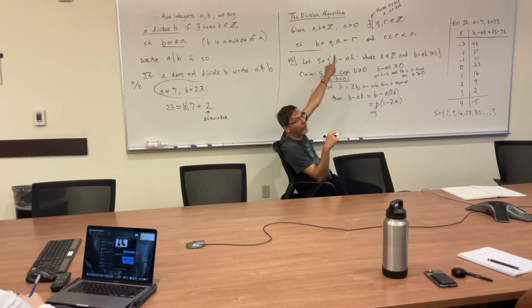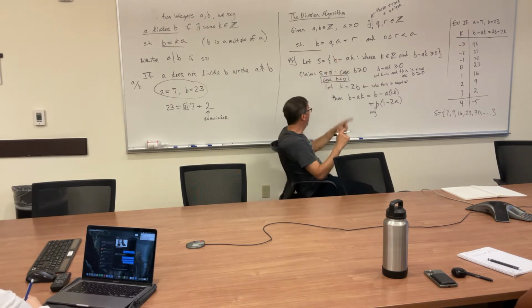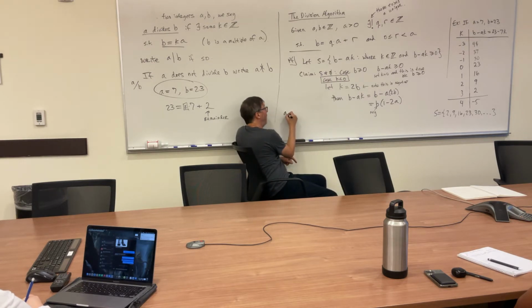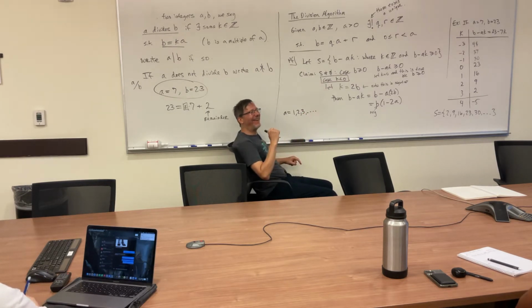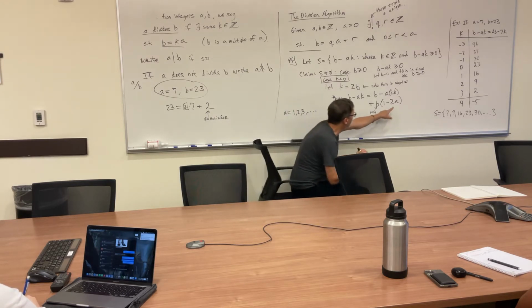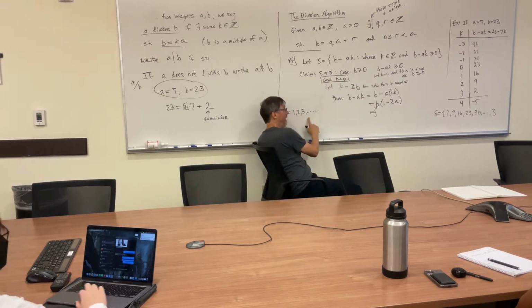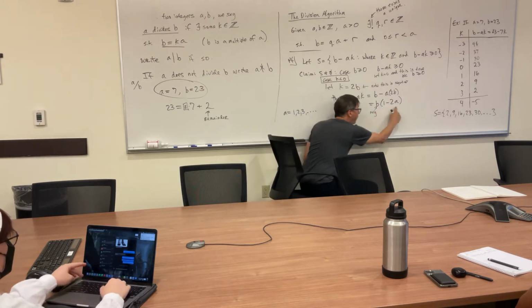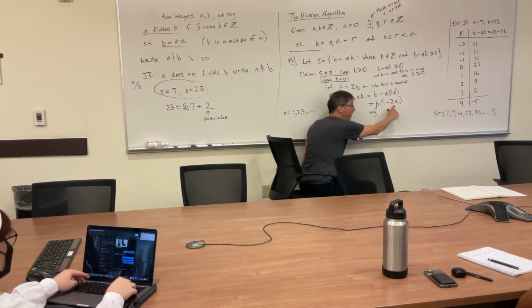A is an integer greater than 0. So what are integers greater than 0? So a must equal what? Where does it start? 1? Beautiful. So it's always negative. Perfect. So because a is at least 1, this quantity is at most negative 1.